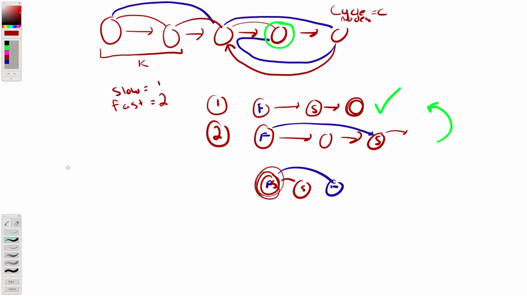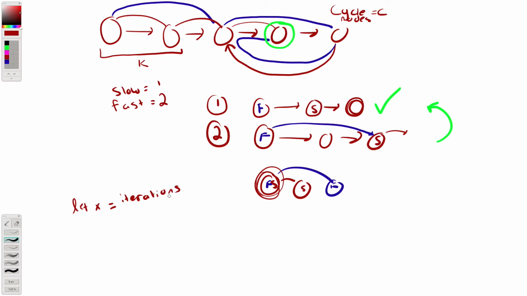And then let's let x equal position, or not position. Let's call it moves, or iteration. Okay, yeah, let's call it iteration.